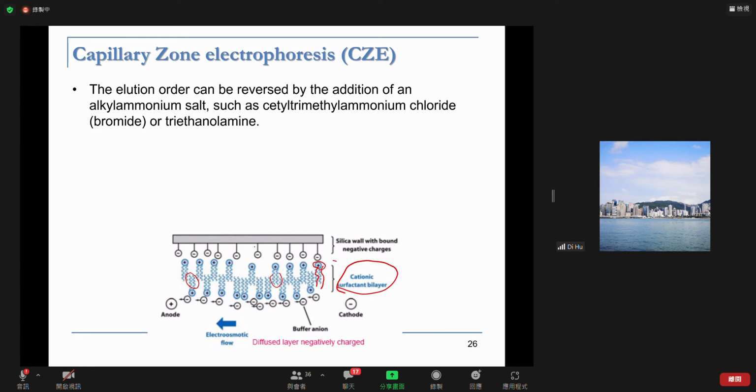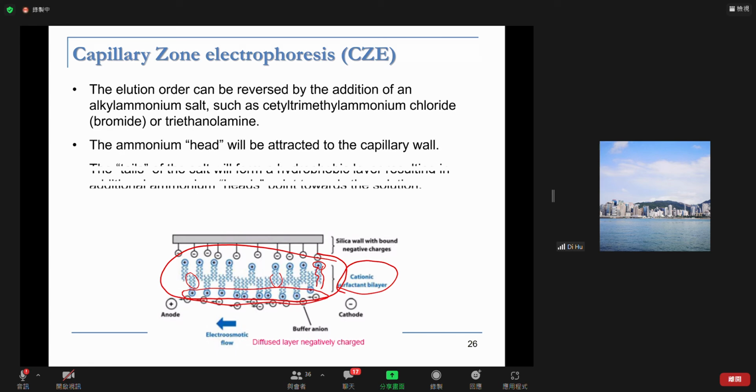The net result is that all those negative charges have been masked, and now you have a layer of positive charge pointing outside.